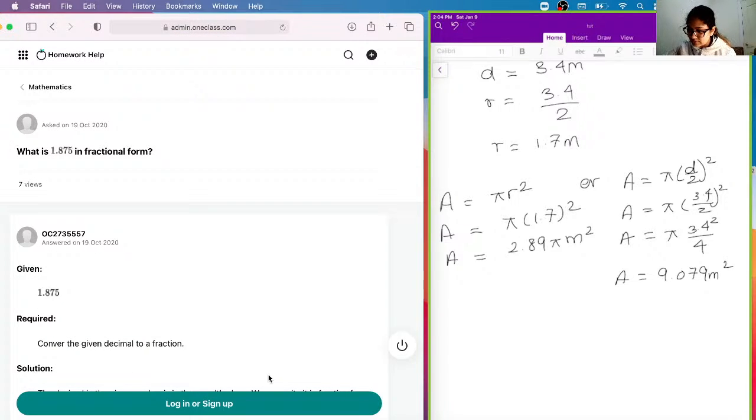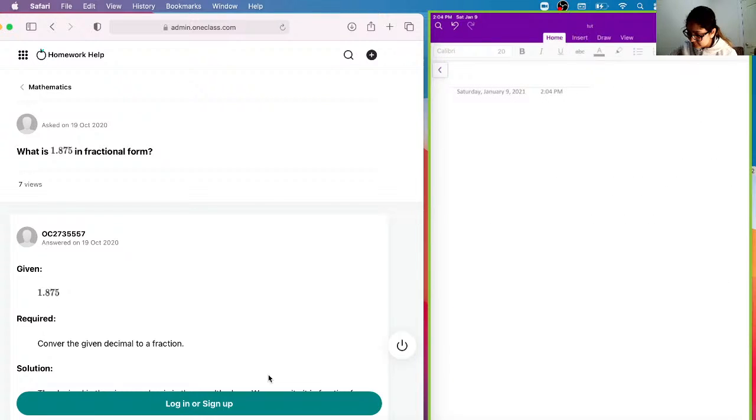Okay, so our next question says, what is 1.875 in fraction form? So let's first convert the given decimal into a fraction. To convert it, we can look at what we would do in order to get a whole number.